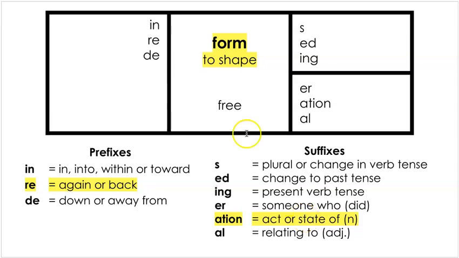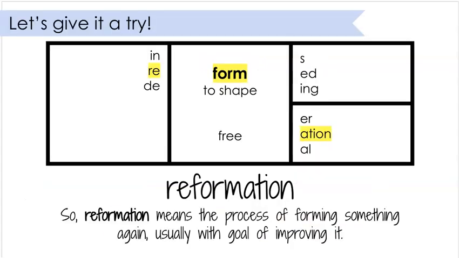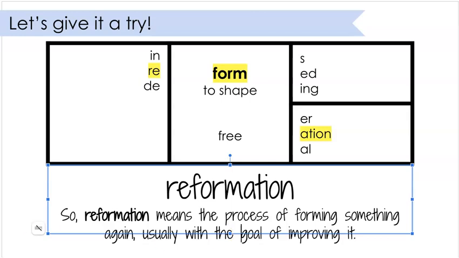So it could be the act of shaping something again. So when I put those together, I know that reformation means the process of forming something again, usually with the goal of improving it. So we want to make sure we connect all of those things together.